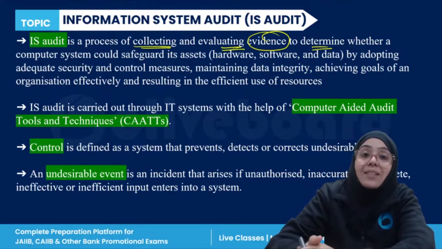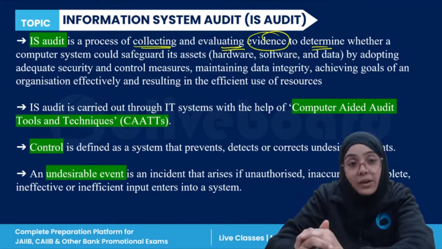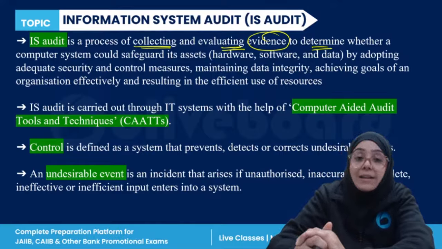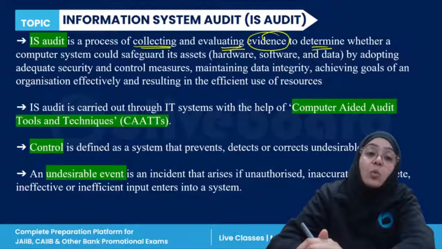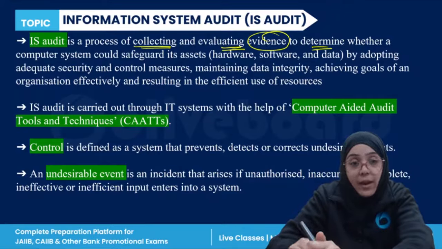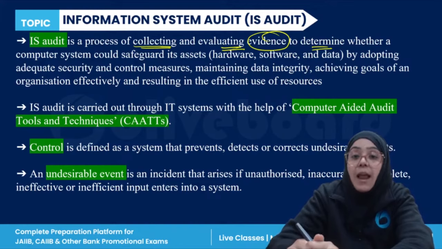This is known as the IS audit, the information system audit. Information system audit is carried out through IT systems with the help of computer aided audit tools and techniques.